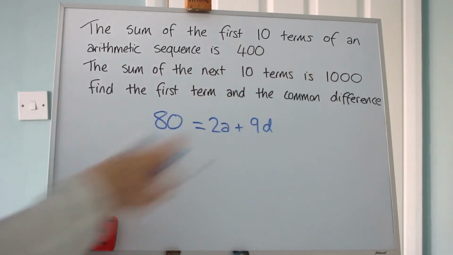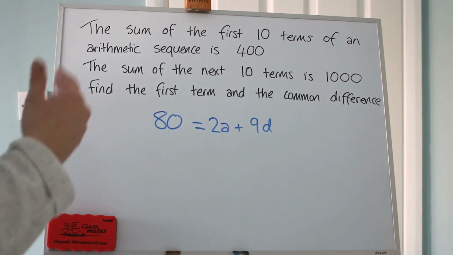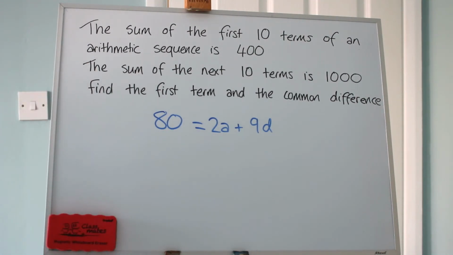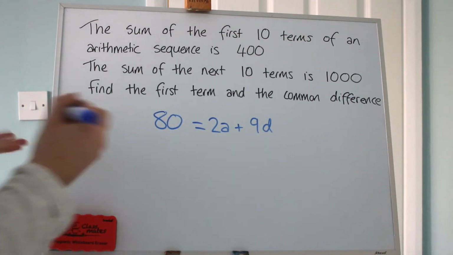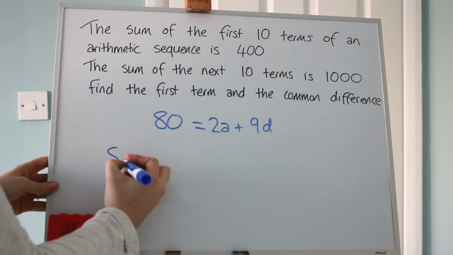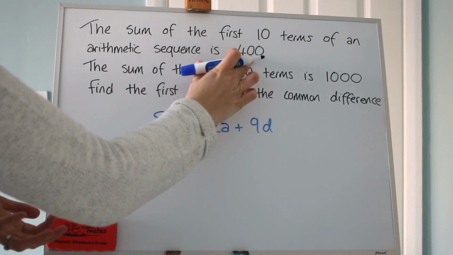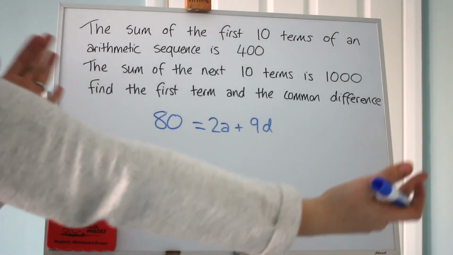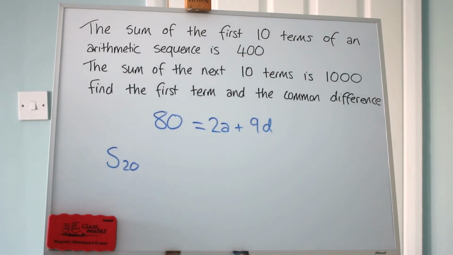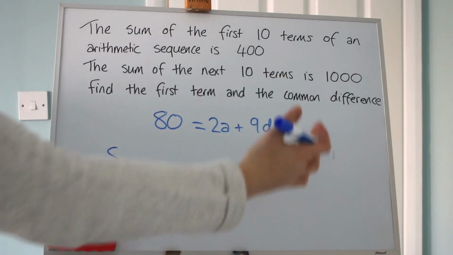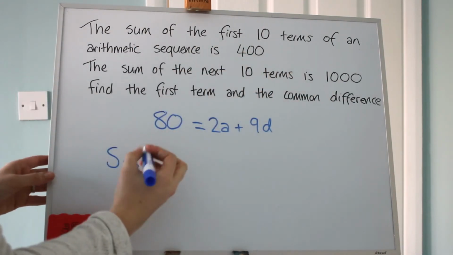Now let's look at the next piece of information. The easiest way to deal with this is probably to do a formula for the sum of the first 20 terms. We know the first 10 terms add up to 400, and then the next 10 add up to 1,000, so the whole first 20 terms add up to 1,400.